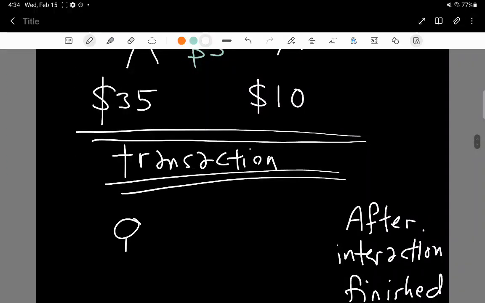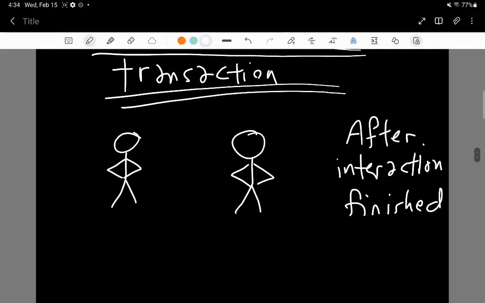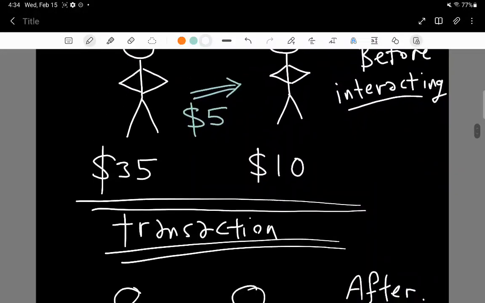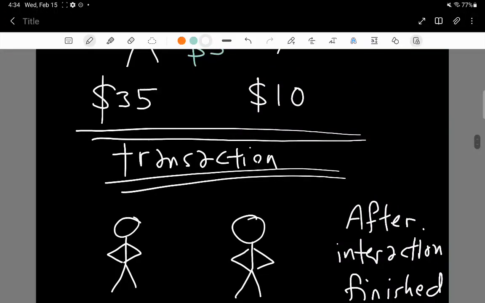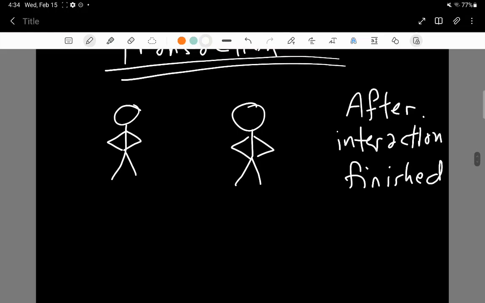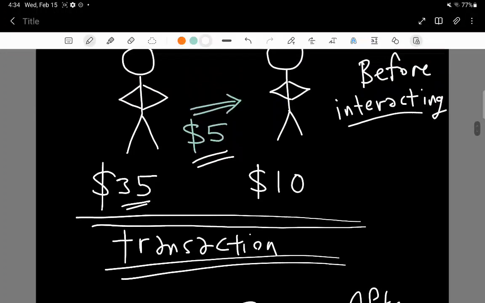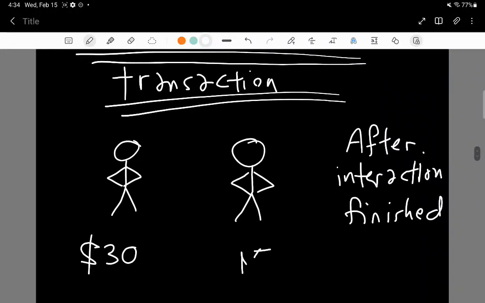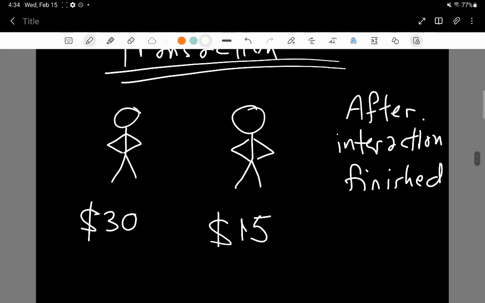I've got these two people. And they're basically the same, except for the person who used to have $35, since they gave away $5, they're left over with $30. And the person that used to have $10, they now have $15. I know that this is no surprise to you.